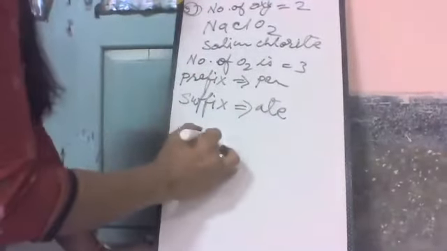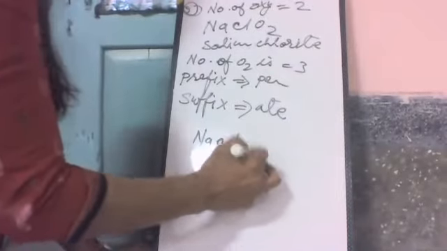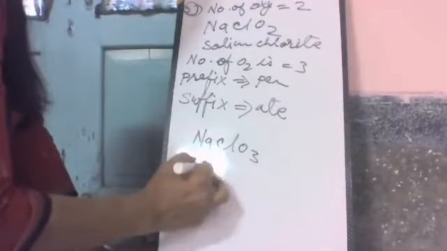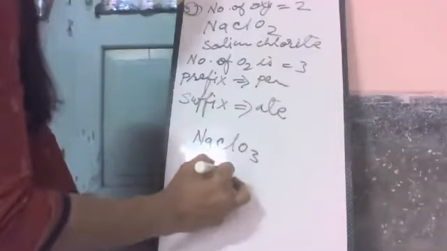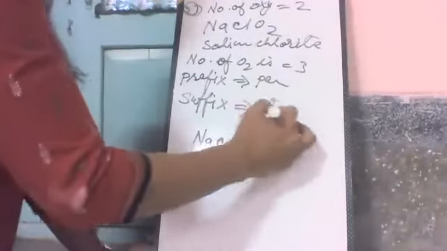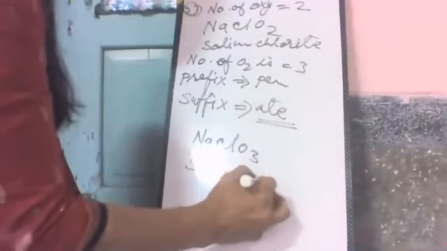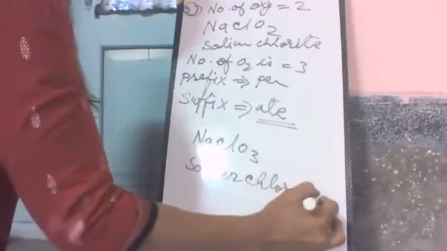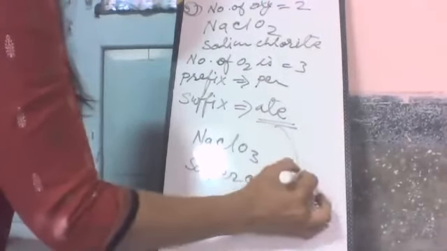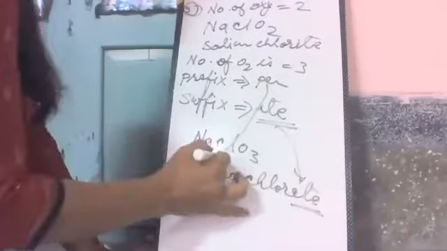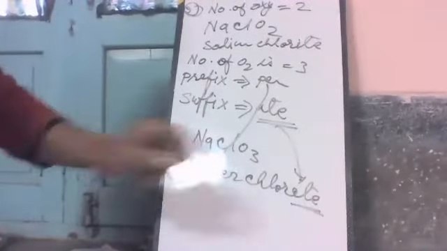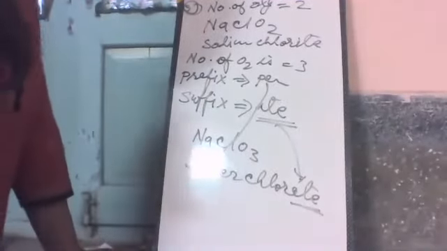So what is the name of this? NaClO3. So it is sodium perchlorate. Sodium perchlorate. The suffix ate is used here and per is used here. Sodium perchlorate.